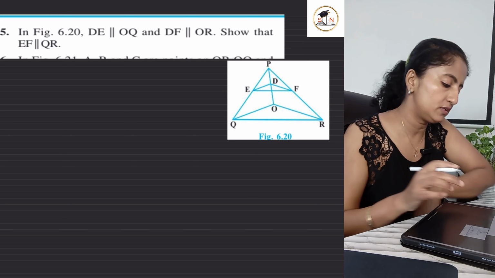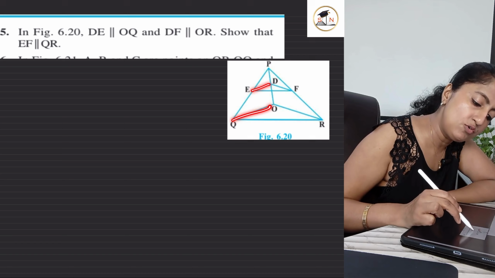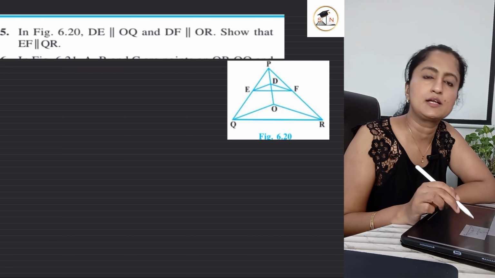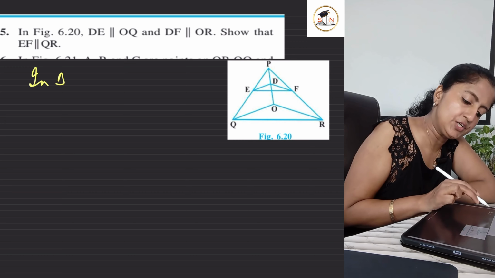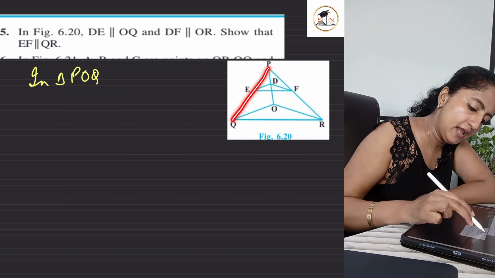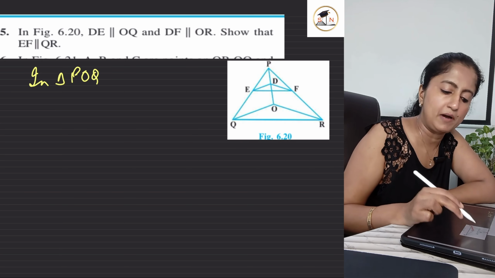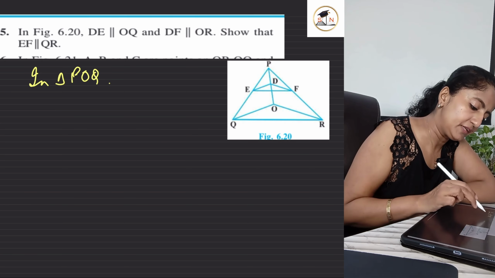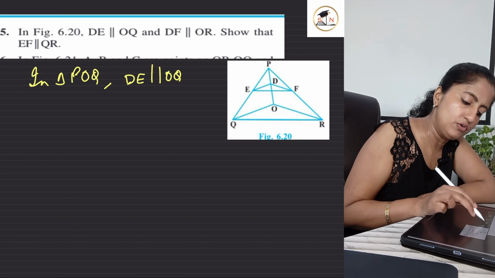Now, starting with the question. First, we are given that DE is parallel to OQ. So, we are going to pick up triangle according to that. Now, in triangle POQ, what I have done? I have picked up this triangle because DE is parallel to OQ, part of POQ, right? In triangle POQ, DE is parallel to OQ.